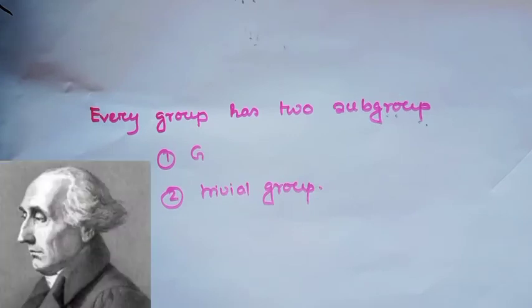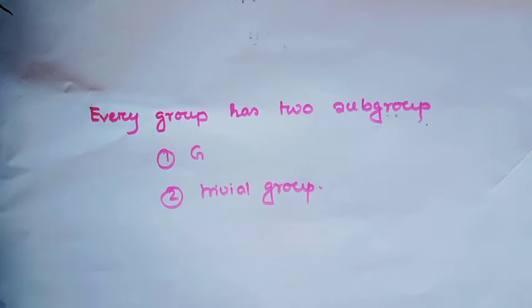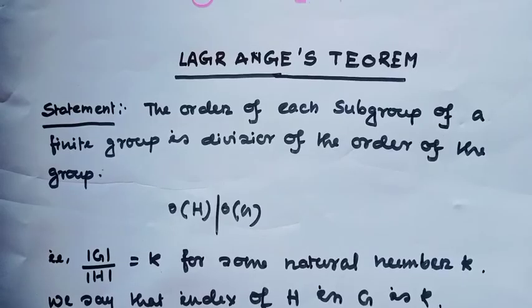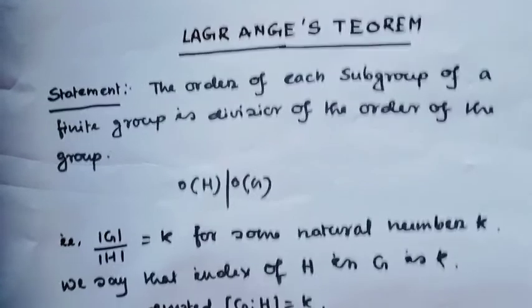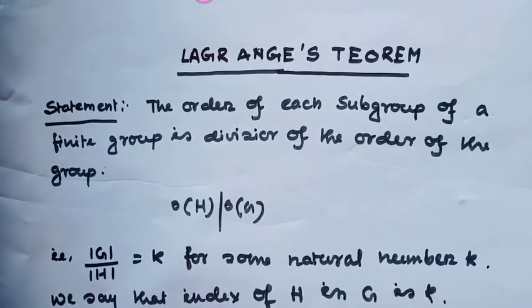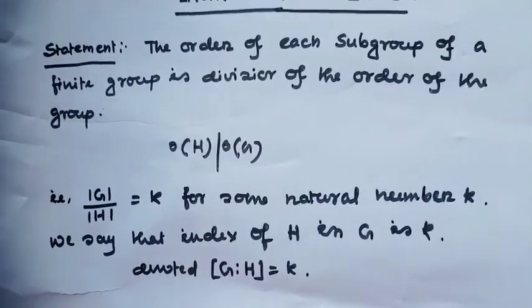And the mathematician Joseph Louis Lagrange found a useful test, which is called Lagrange's theorem. The statement of Lagrange's theorem is: if G is any finite group and A is any subgroup of G, then the order of each subgroup must divide the order of the group. Okay, this is Lagrange's theorem.